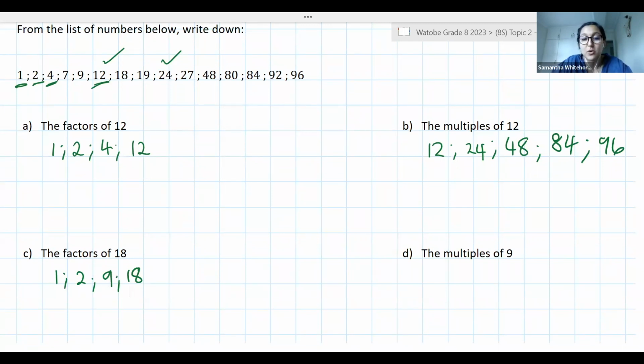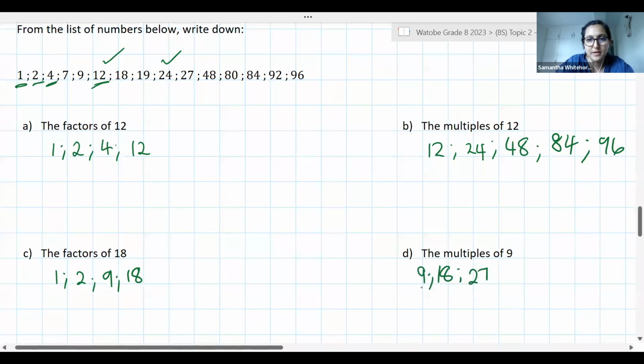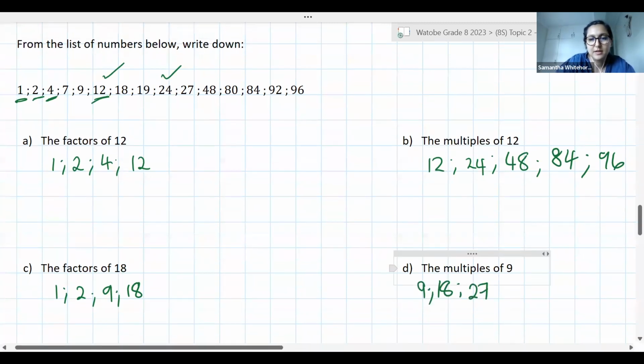Owen, yes. I just got to break it down for myself. What are we? Multiples of 9. The multiples are 9, 18, 27, 36. So remember, we want them from the list only. Keep going though. 27. So 36 isn't part of that.